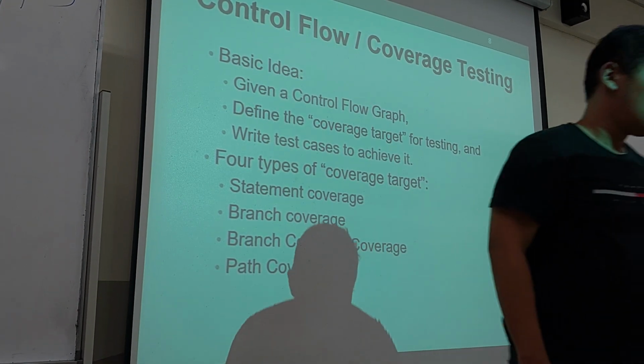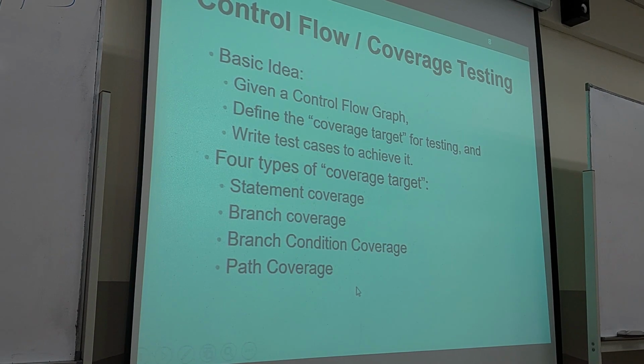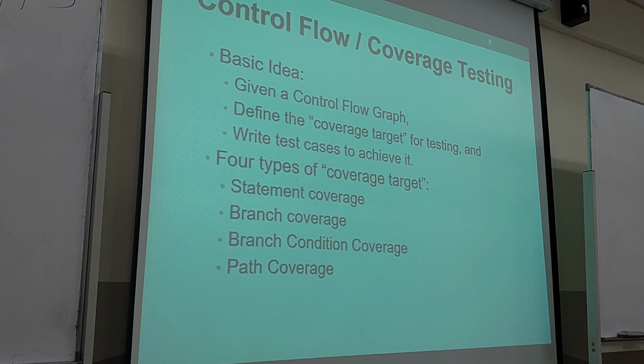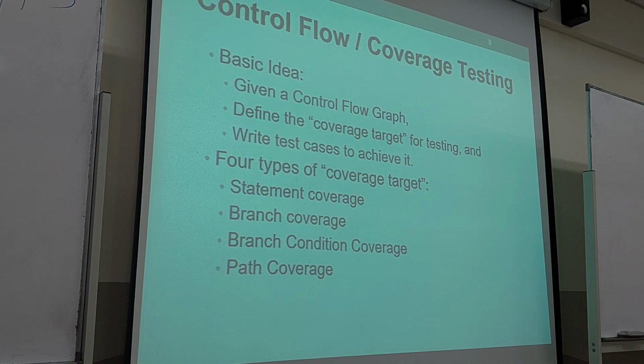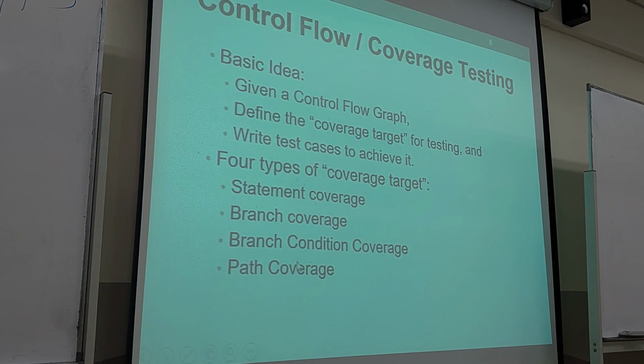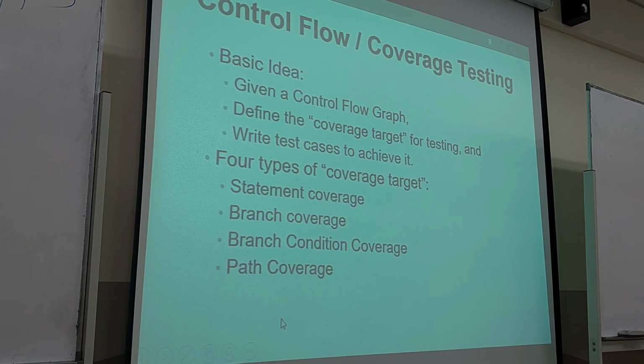The basic idea of white box testing is that for the given source code, we need to translate it into the control flow graph, and then based on the coverage, normally either statement coverage, branch condition coverage, or path coverage, we identify the paths, and from the paths we write the test cases.